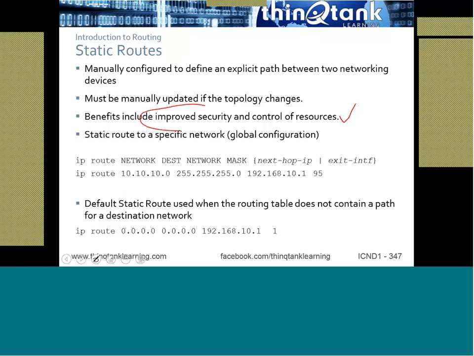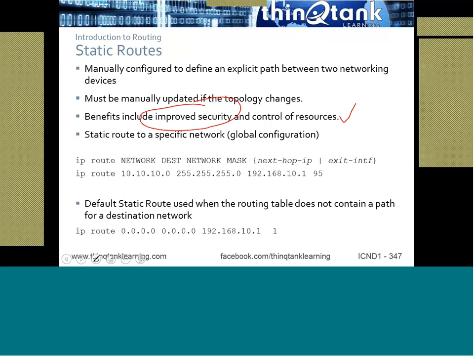How about improved security? Well, when something is dynamic, like CDP, like VTP, like EtherChannel negotiation, like trunk negotiation with DTP, anything that's dynamic can be manipulated. If you don't implement it correctly, you can open yourself to vulnerabilities.